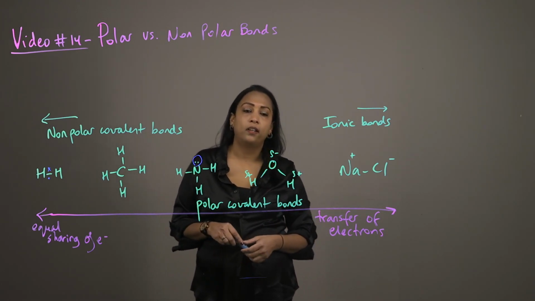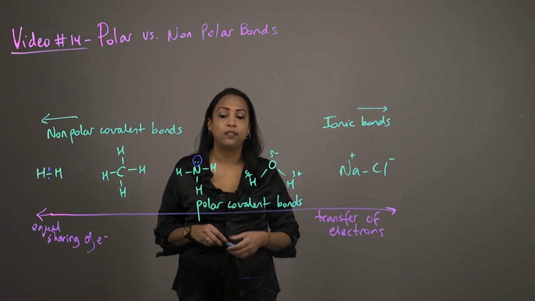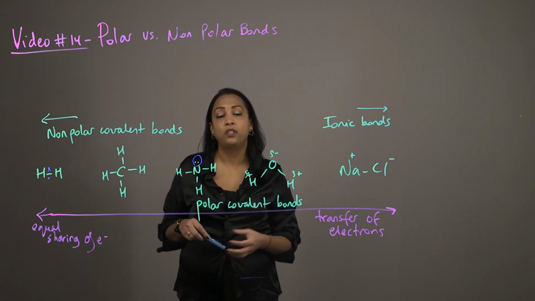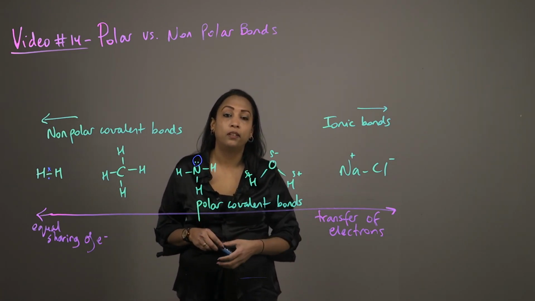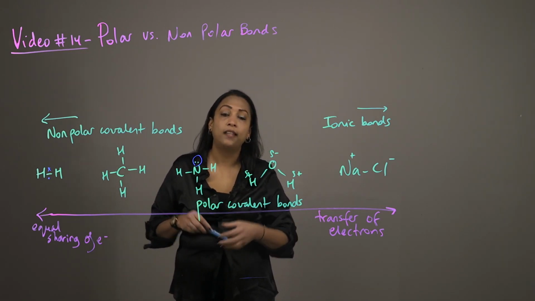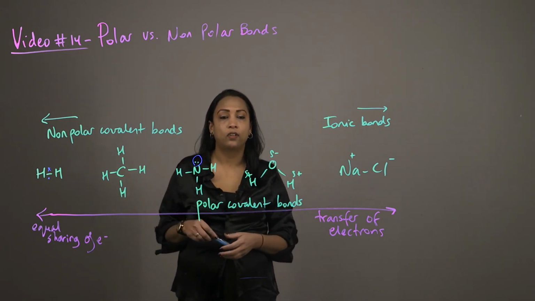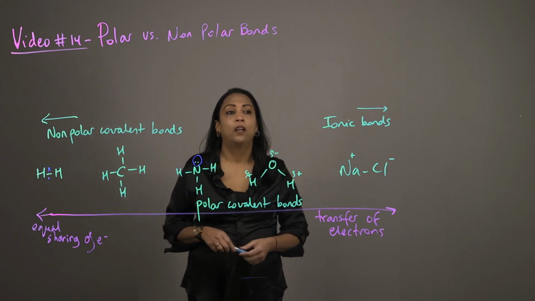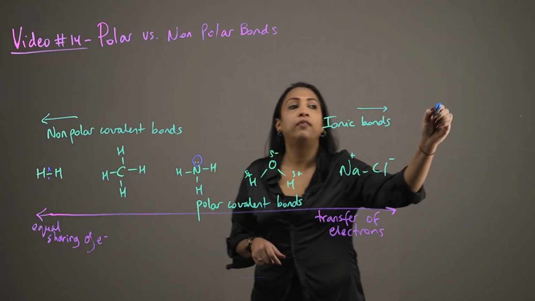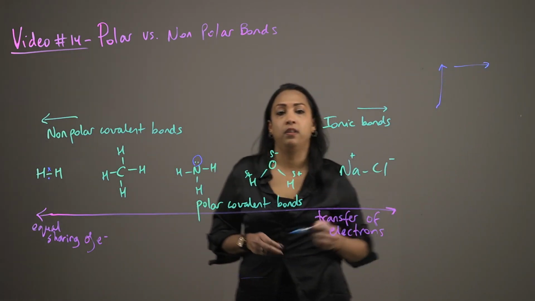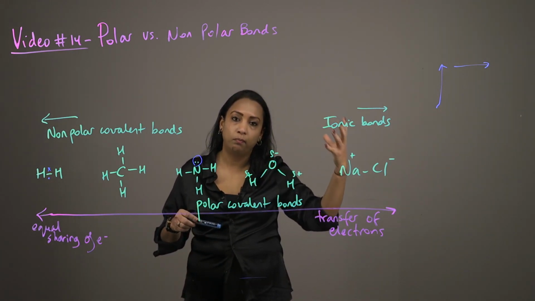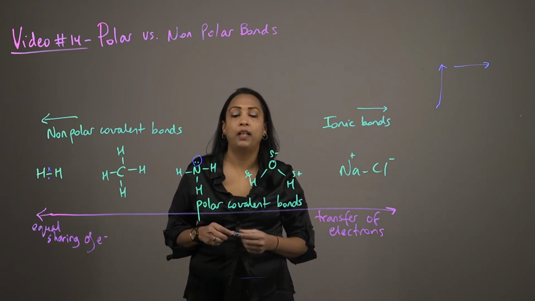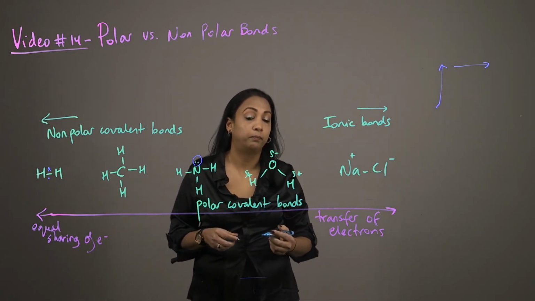Now, just to remind us, electronegativity is the strength with which a species pulls electrons towards itself, and it is determined by the number of protons and the distance of the valence electrons from the nucleus. So in general, moving up and to the right of the periodic table means that the atoms will have a higher electronegativity.